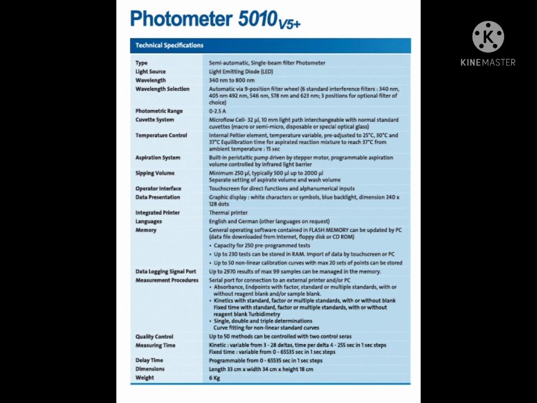Measuring time kinetic variable from 3 to 28 deltas. Time per delta 4 to 255 second. Weight of this instrument is approx 6 kg. Length is 33 cm, width 34 cm and height 18 cm.